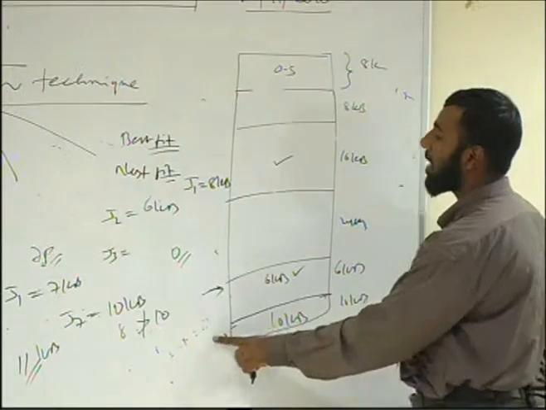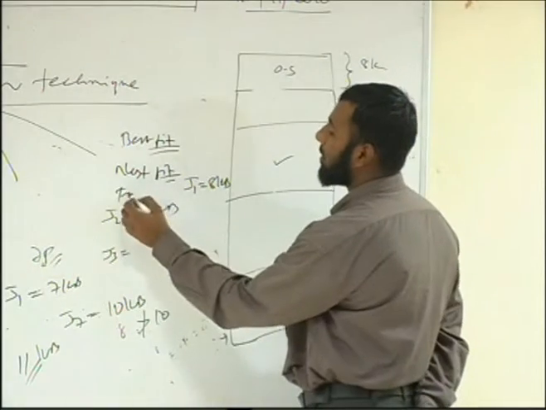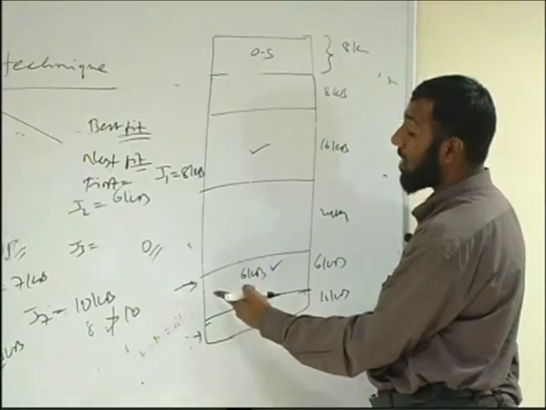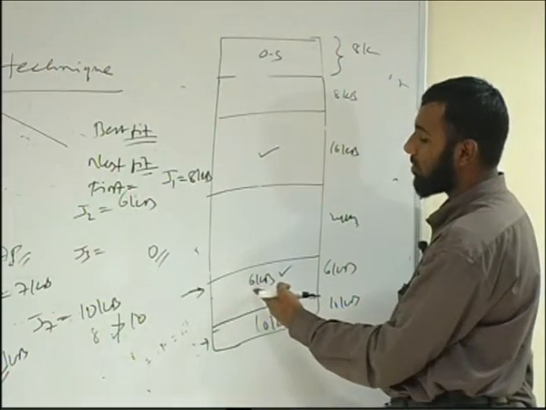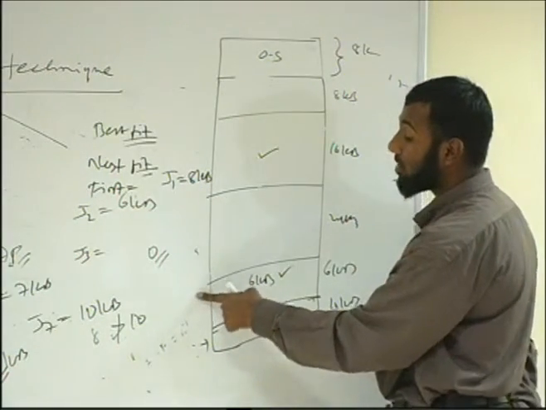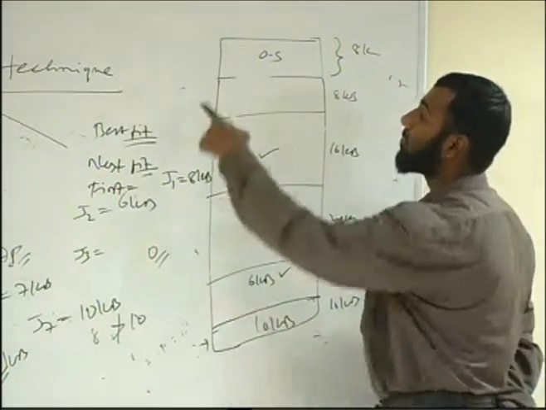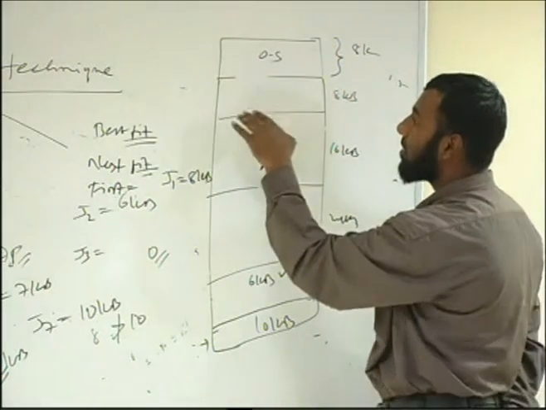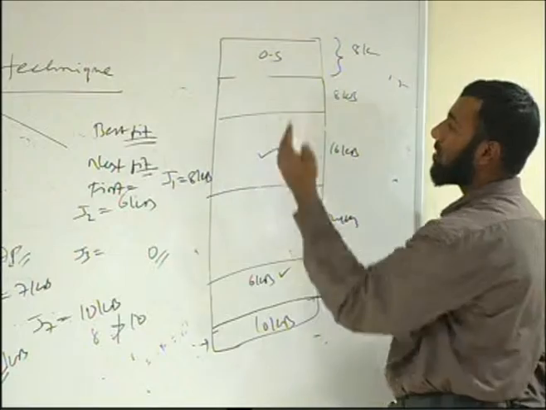But in first fit, irrespective of the last allocated block, it starts searching not from the last allocated block but from the beginning of the partitions, and looks for any partition big enough to accommodate this process.